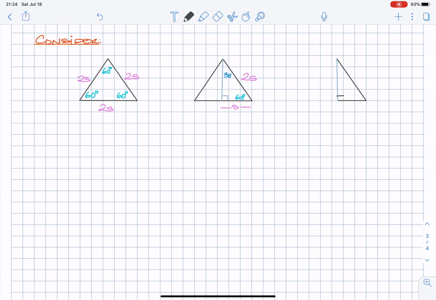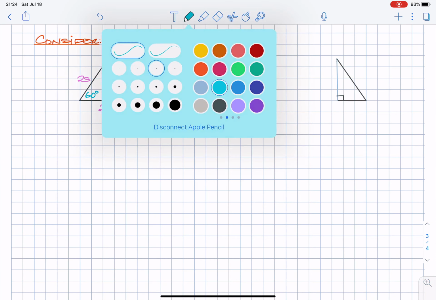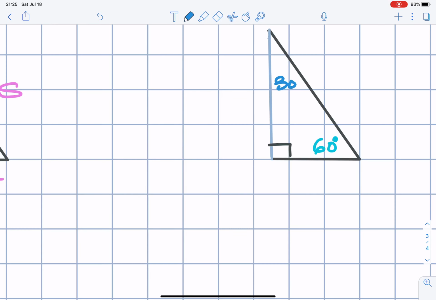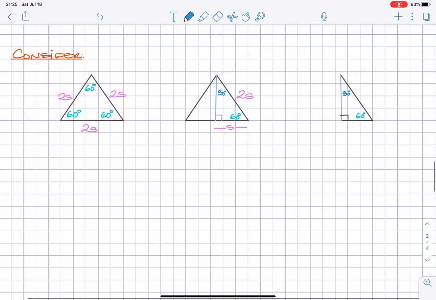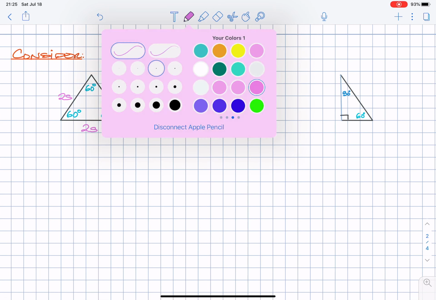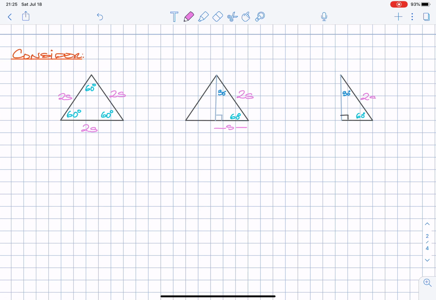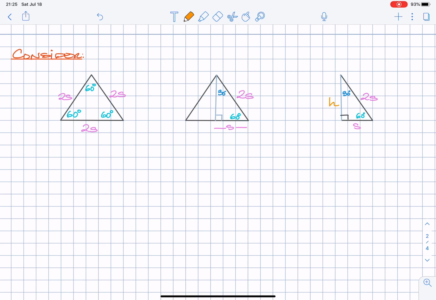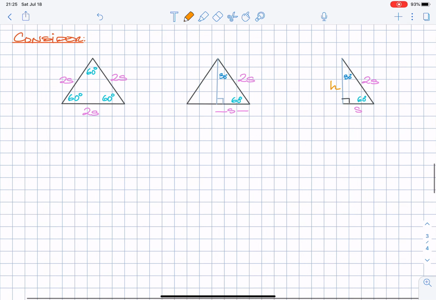I know that this is a right triangle with one base angle of 60 degrees and another angle of 30 degrees. I don't like the way that 30 looks. Let me make that a bit better. Let's zoom in here, 30 degrees. Okay, I know that now the hypotenuse of this is 2s, the base is s, so I just need to find the height h in this triangle. So that's what I'm going to do now.